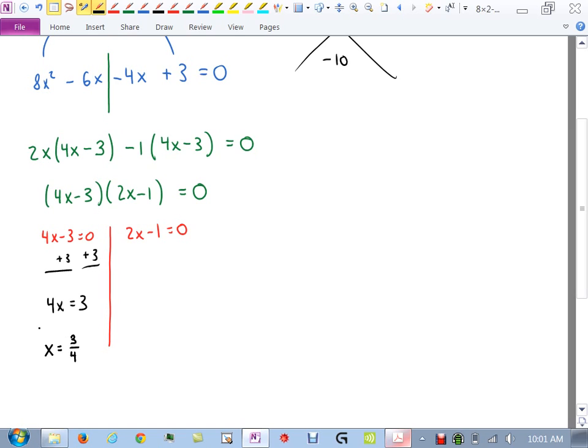When you divide 3 by 4, you get 3/4. So your answer is 3/4. Other one, add 1 first. You get 2x equals 1. Then, divide by 2, you get 1 over 2. Done. What do y'all think? Okay?